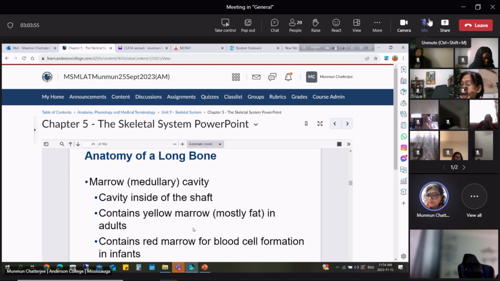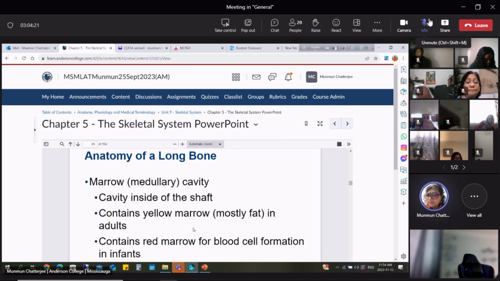We have the marrow. The cavity is called the medullary cavity. The cavity is inside the shaft, the total bone. It contains the yellow bone marrow, mostly fat. Where does mostly fat stay in the bones? Yellow bone marrow is the answer.